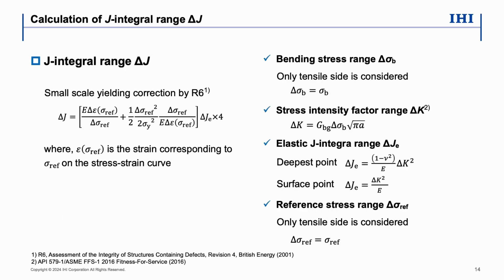In calculating the J integral range, delta J, we also corrected for small scale yielding conditions in accordance with R6. As for the bending stress range, delta sigma B, we only consider the tensile side. So multiplying the J value by four, we obtain the J integral value range.